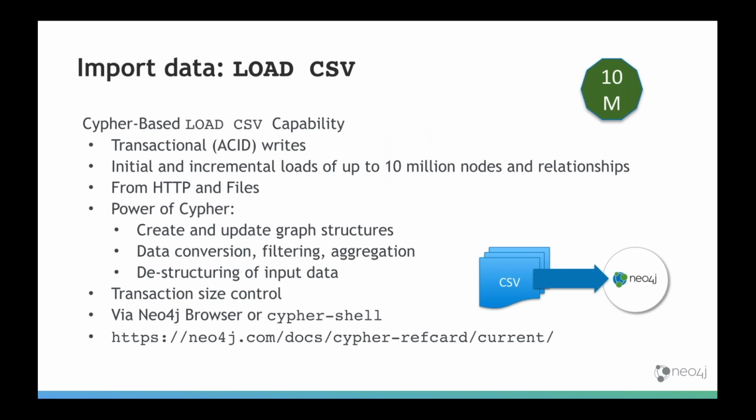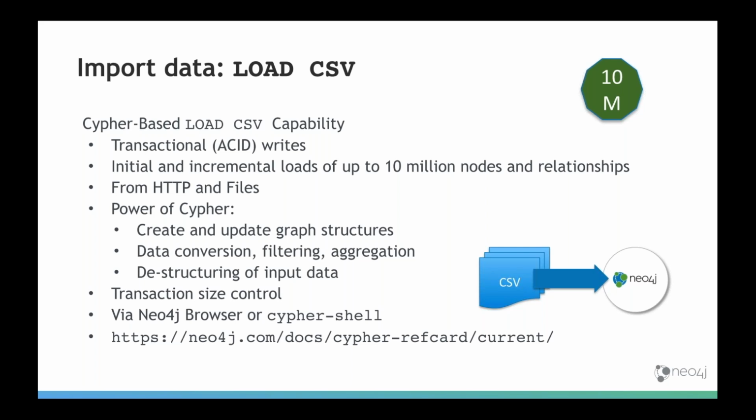So load CSV is a Cypher-based clause to import data. It's using transactional writes, and it's good for smaller data sets, such as up to 10 million nodes and relationships.